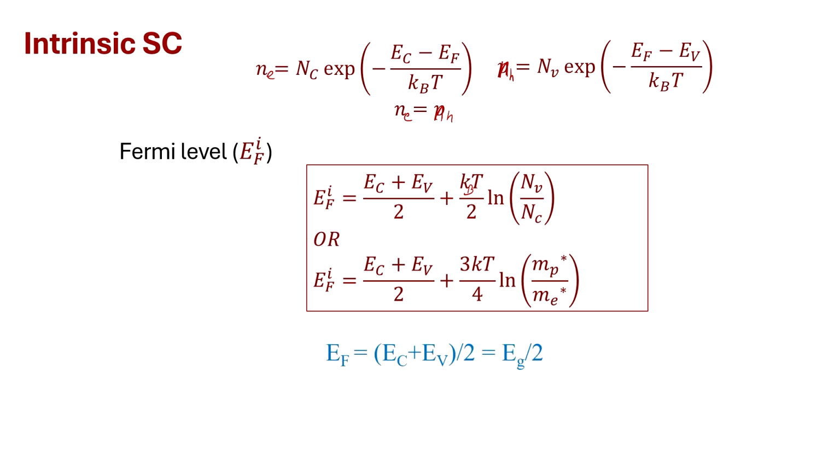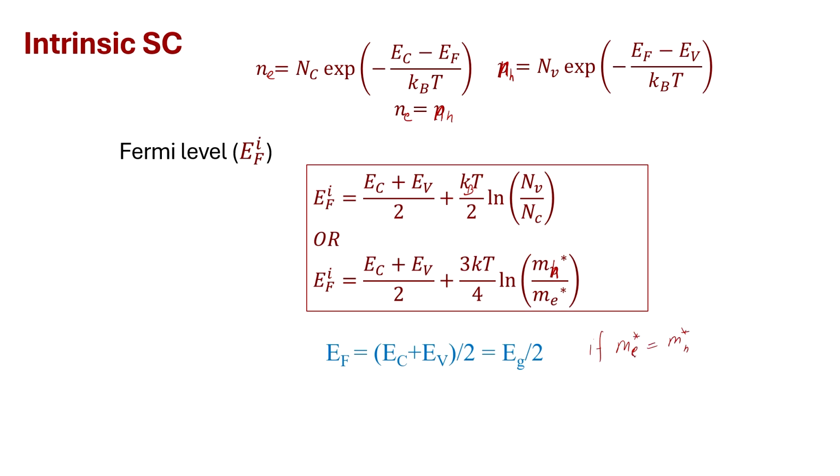And if Mh was equal to Me, then basically EFI will be equal to Ec plus Ev divided by 2, if Me star was equal to Mh star.